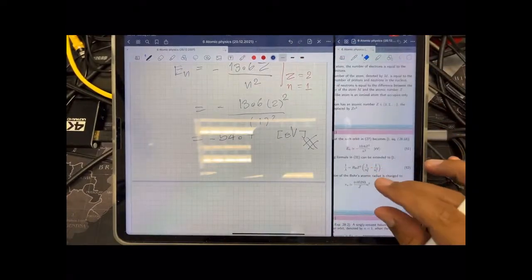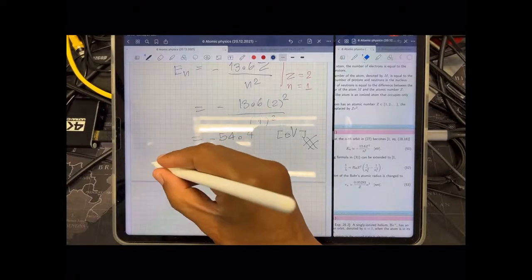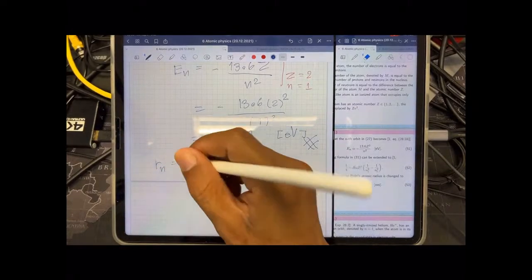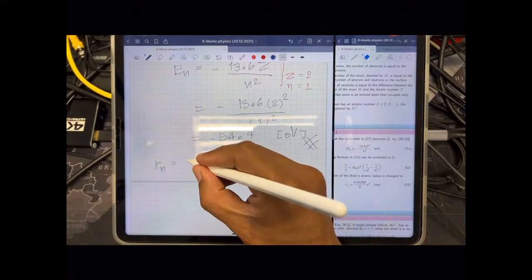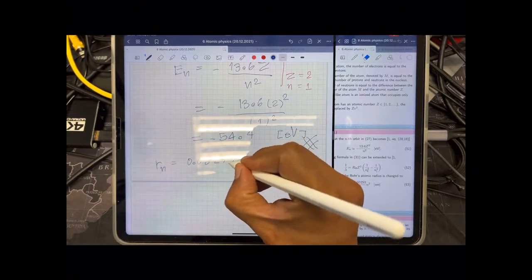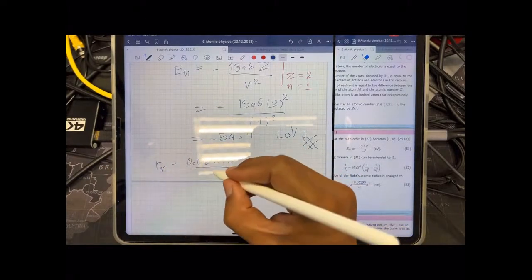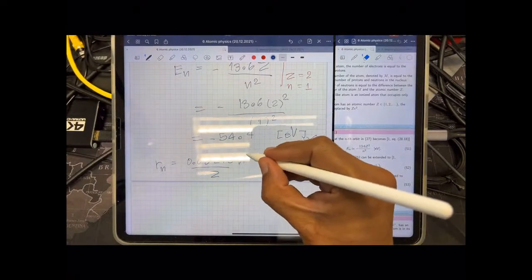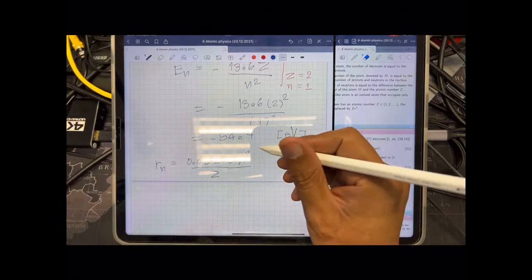And let's move to the second quantity, which is the radius. r_n equals 0.0593 divided by Z, times n squared above, at the numerator.